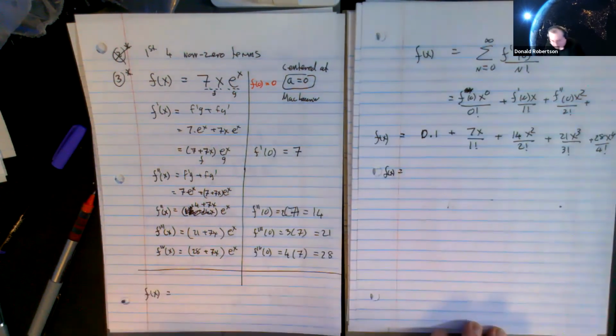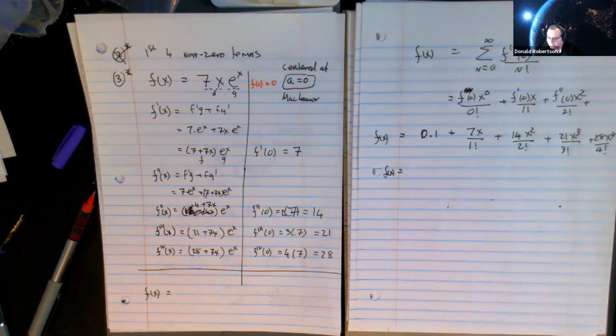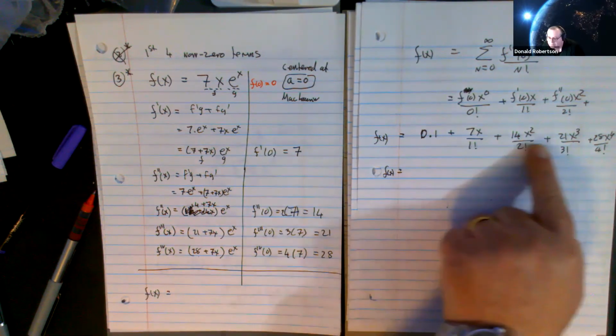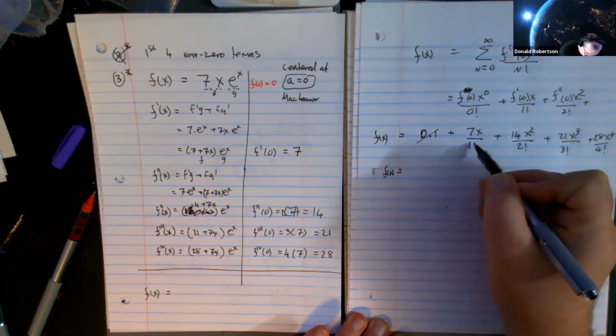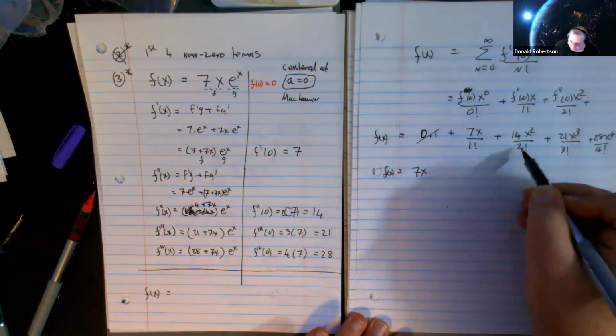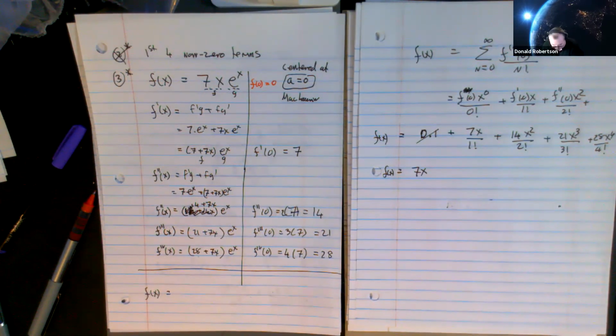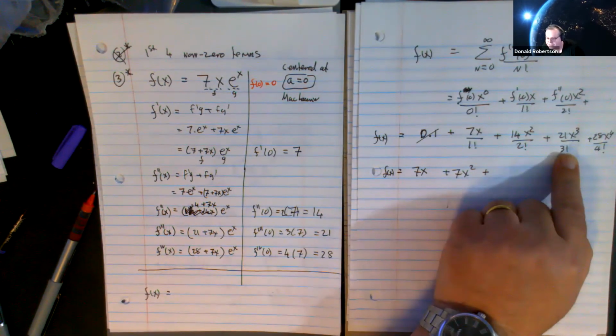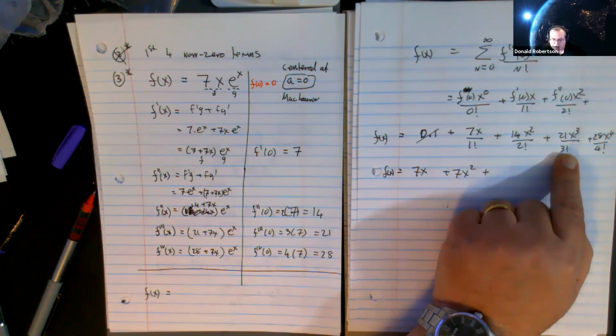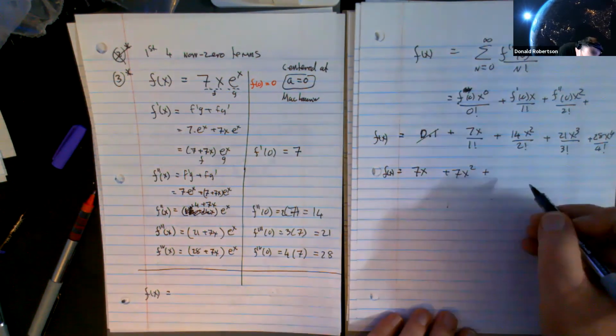Do you think that's the answer, or can we make it prettier? Well, that's definitely 0. 1 factorial is 1, so that becomes 7x. 2 factorial is 2, so 14 over 2 gets me 7x squared. 3 factorial is 6, 1 times 2 times 3. 21 over 6, cancel a 3, becomes 7 halves.